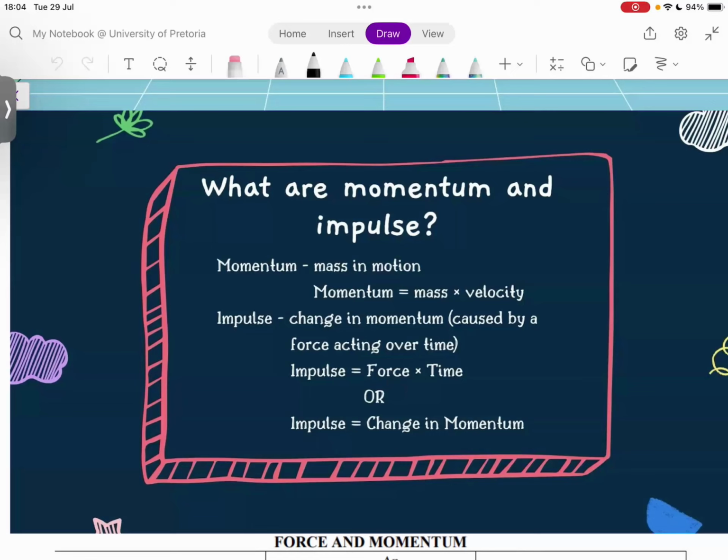In the same way in tennis, for those who have played, if you want more power when you hit the ball, you have to follow through. That following through allows the ball to make more contact with the racket and thus increases the force acting over time, if that helps you understand these topics.